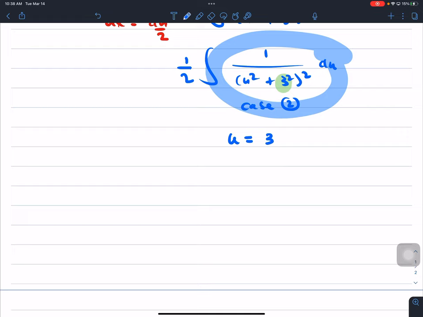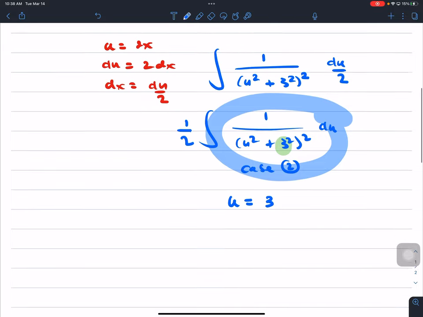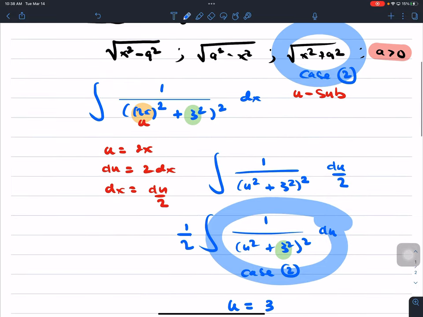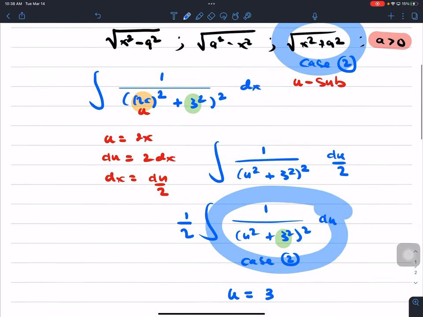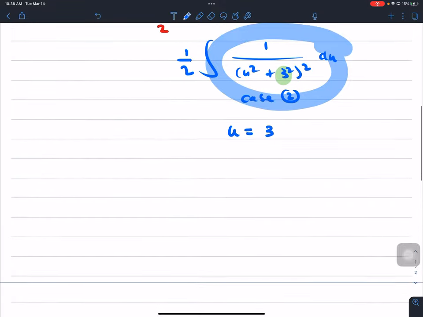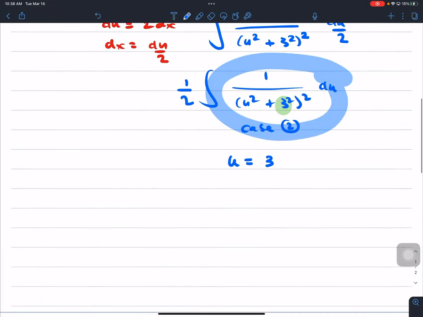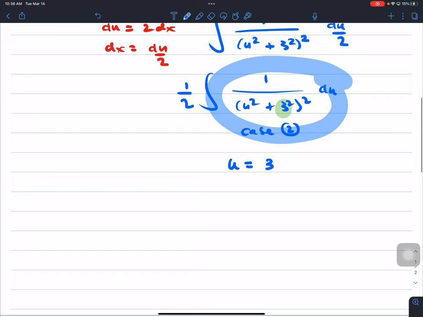We didn't work on case 2? I thought we did case 2, maybe the first day. Right? So what do you let in case 2? Isn't that 3 tangent theta? Right? 3 tangent theta.